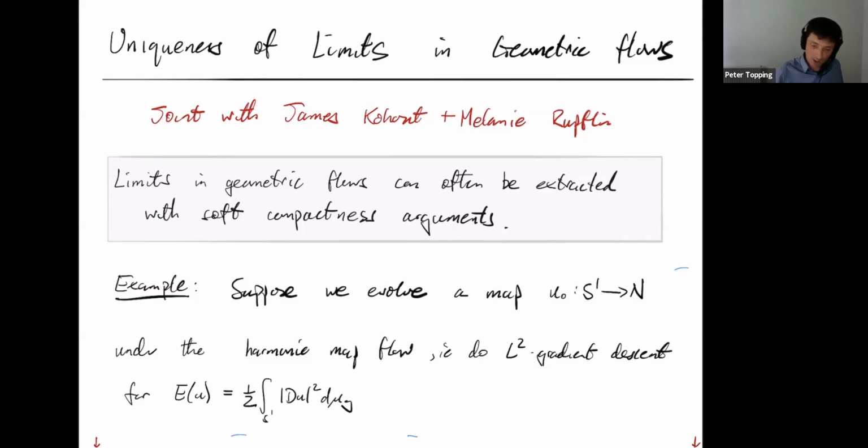Just start off by considering a map u0 from S1 to N. So what is N? This is some compact Riemannian manifold. And for simplicity of the PDE, let's embed that isometrically in some Euclidean space.